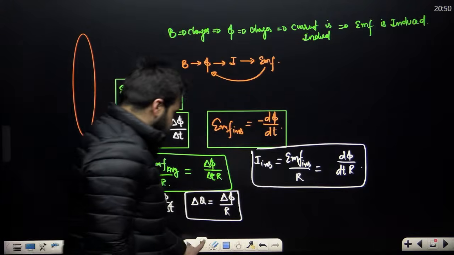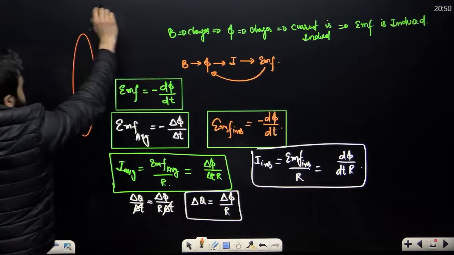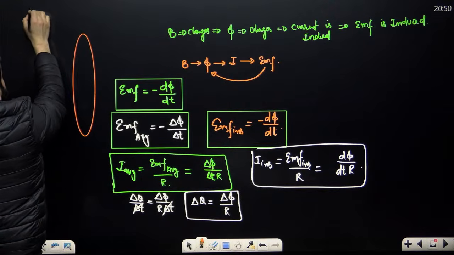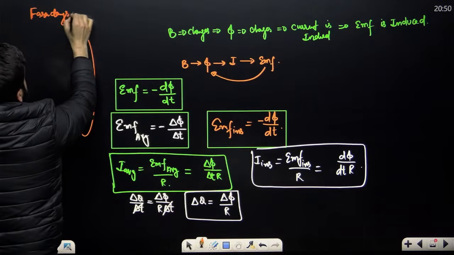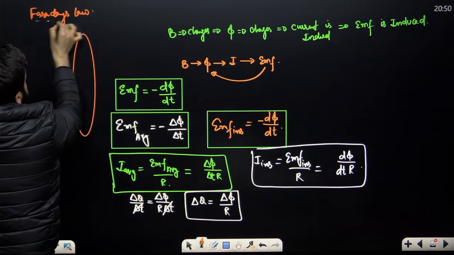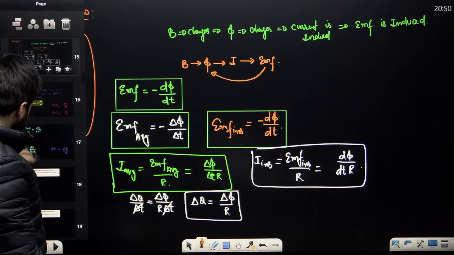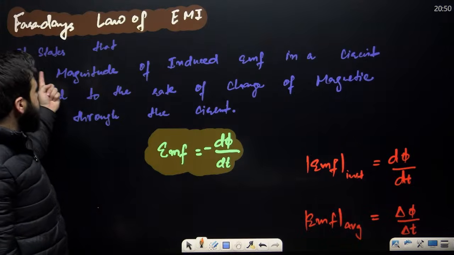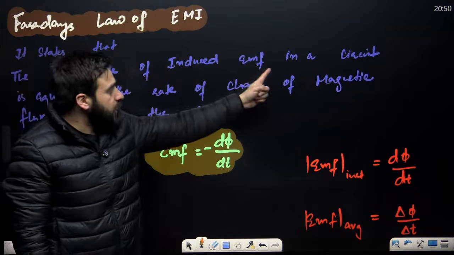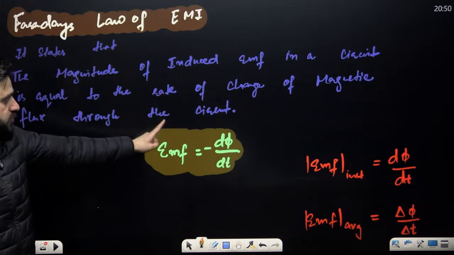This is what we call Faraday's law of electromagnetic induction. Whenever flux through the coil changes, EMF is induced. Faraday's law states that the magnitude of induced EMF in a circuit is equal to the rate of change of magnetic flux through the circuit.